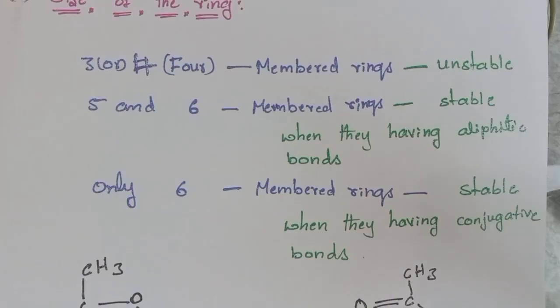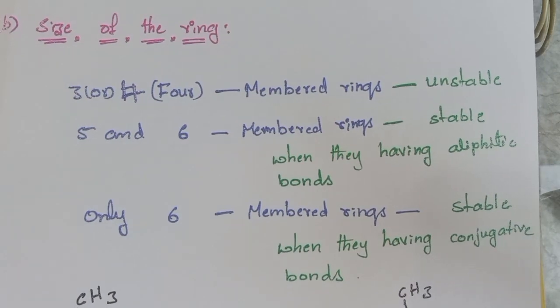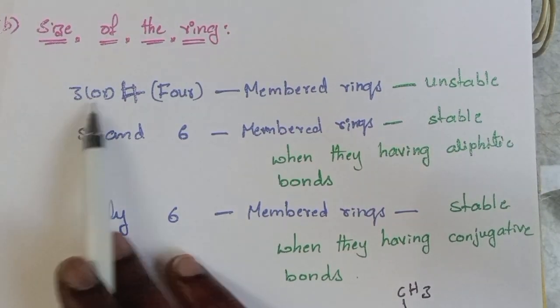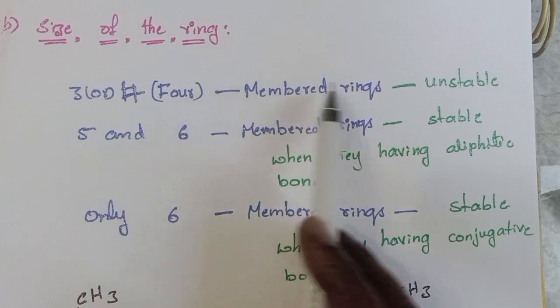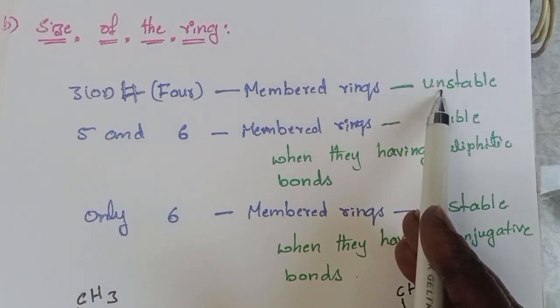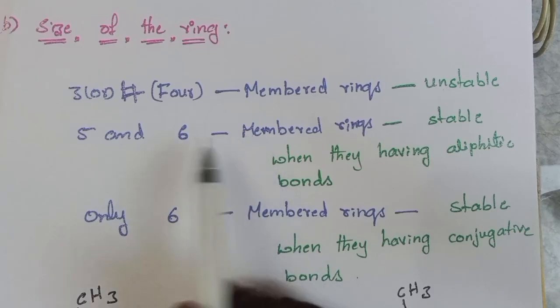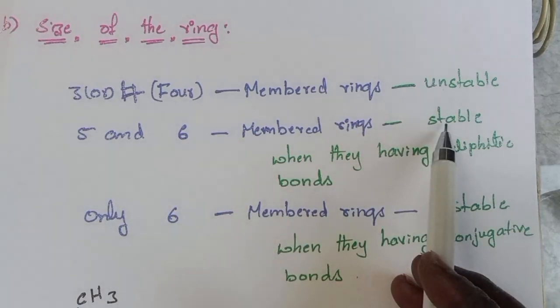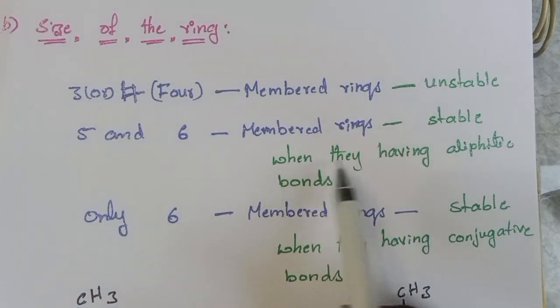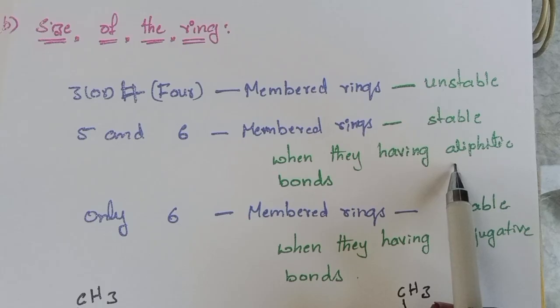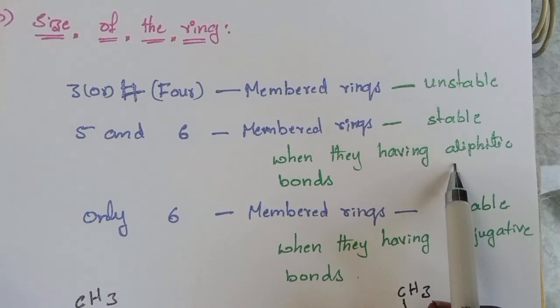The next factor is size of the ring. For example, if the size of the ring is 3 or 4, it can form an unstable complex. 5 and 6 member rings are stable when they have aliphatic, non-conjugated bonds.